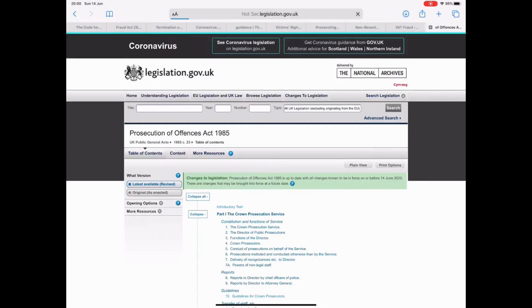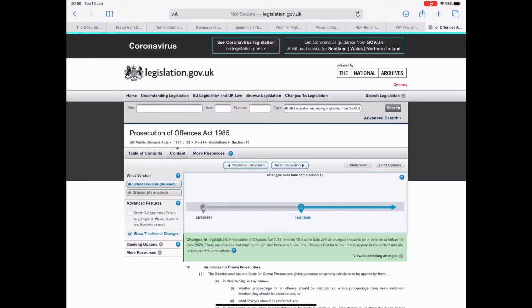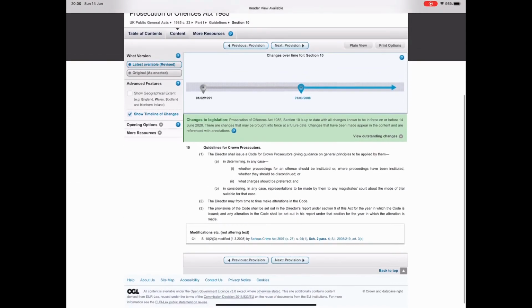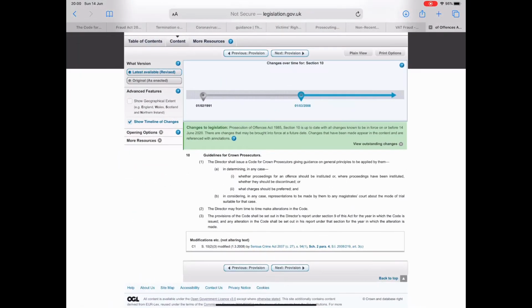And if we go back into the table of contents of the Act and look at Section 10, we can see that Section 10 gives the Director of Public Prosecutions power to issue a code for Crown prosecutors and guidance on general principles to be applied in charging offences, but also in deciding whether they should be discontinued.